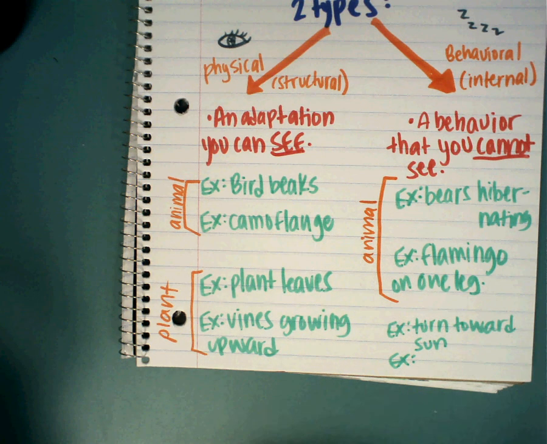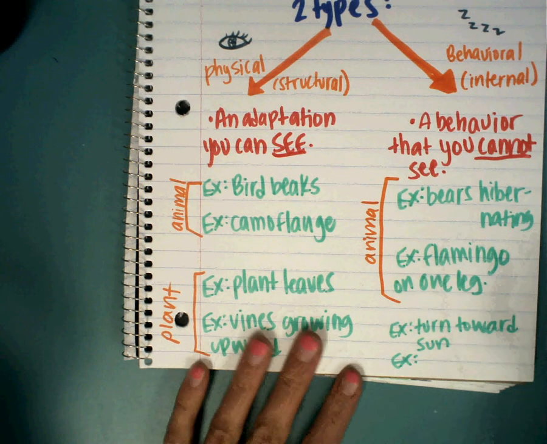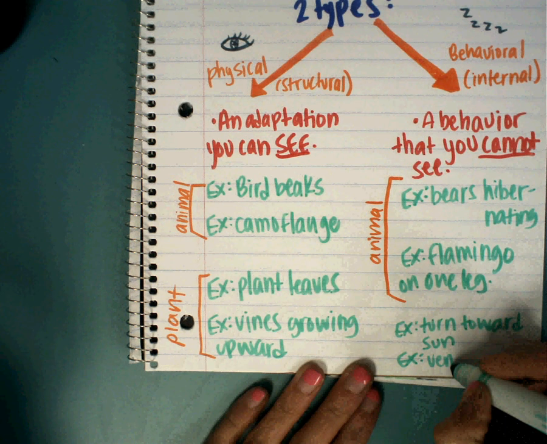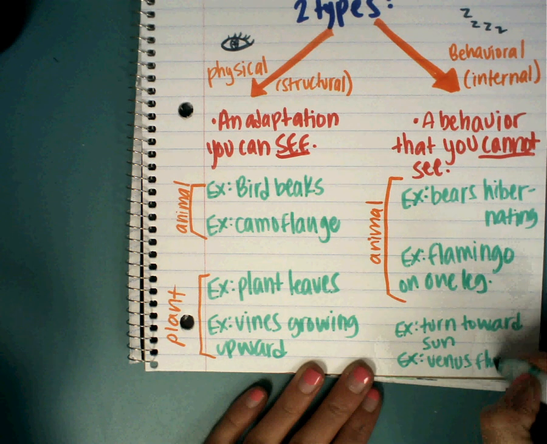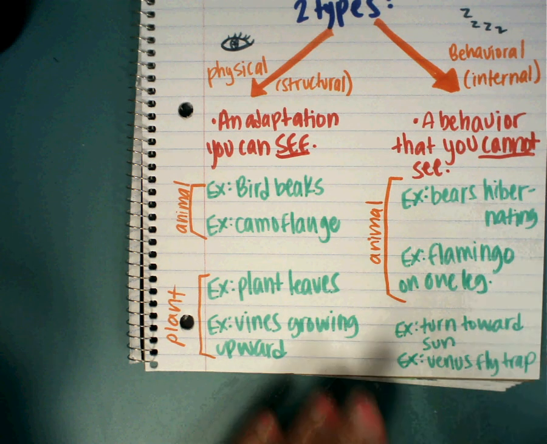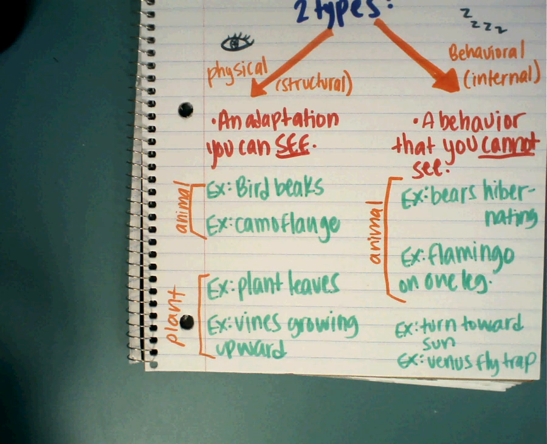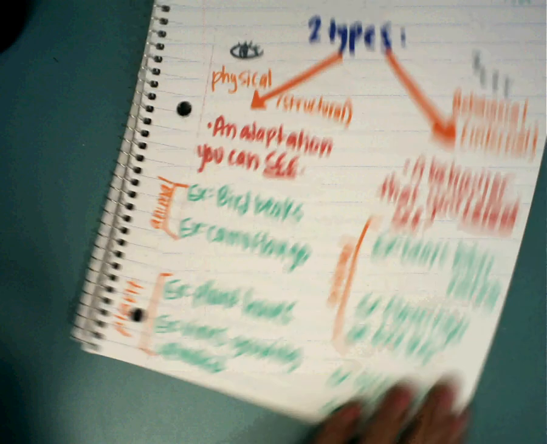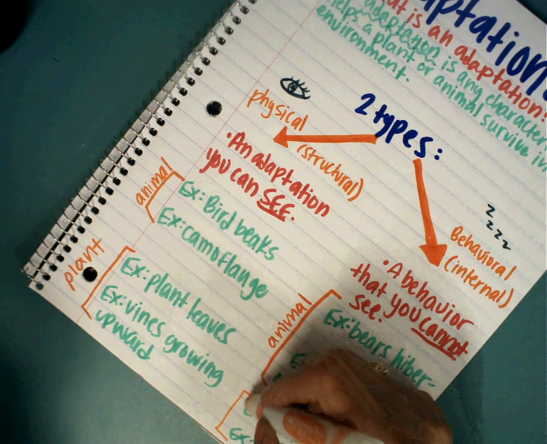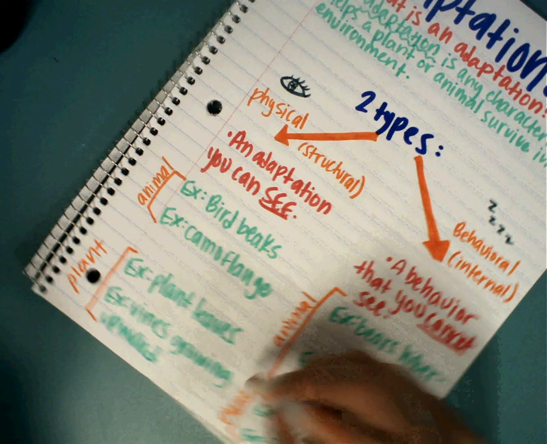They adapted by eating flies and other small insects that they could chomp on with those little feelers, and then suck them up and dissolve them, right? So we'll just put Venus flytrap. Miss Hasso has one, so we'll see it tomorrow. So these would be plant behavioral adaptations, okay?